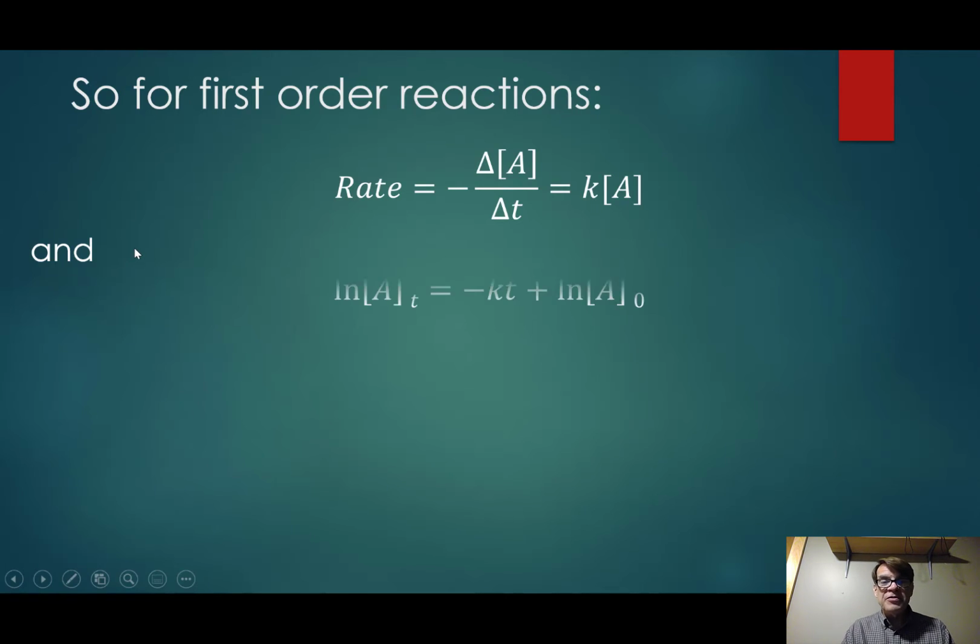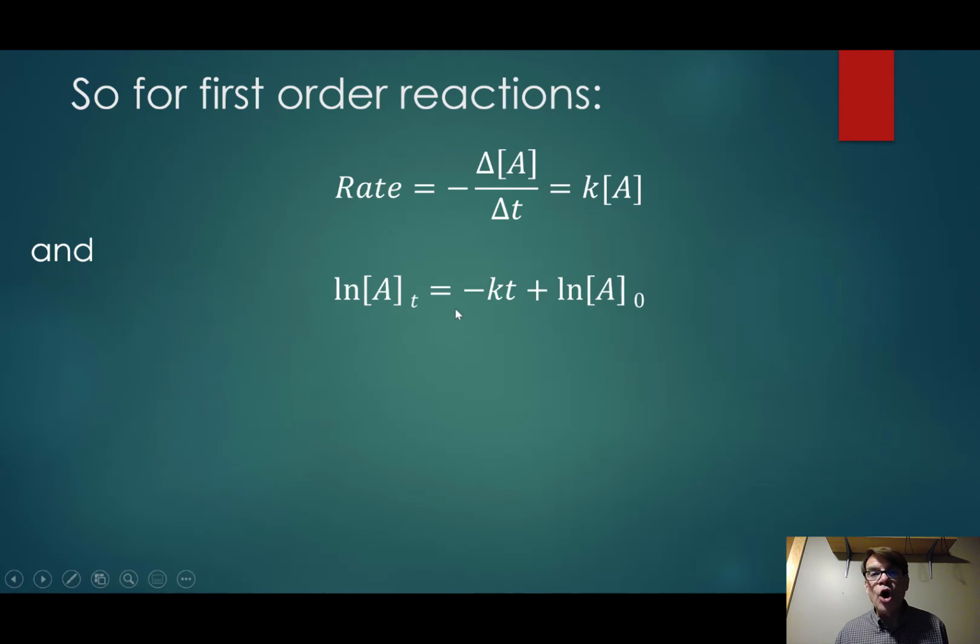So what we did in the previous video is we found out that we can bring in the beginning concentration, the concentration of A sub 0, and the concentration at time t, which is the concentration of A sub t. T is the amount of time that's elapsed. K is that constant at that temperature.